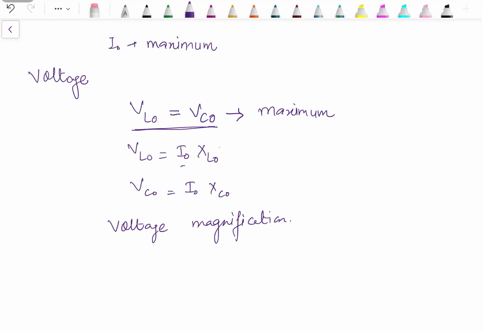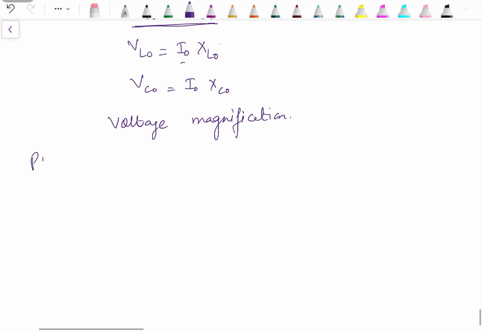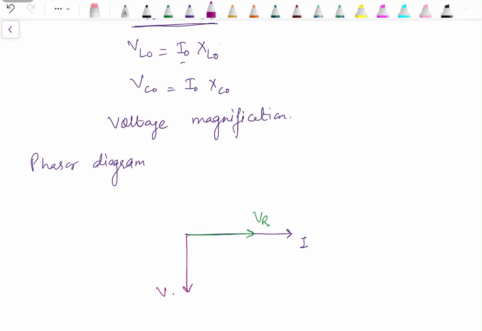Now, if you want to draw the phasor diagram, in case of series circuit, current is common through all the circuit elements, so it's taken as reference. Voltage across the resistor is in same phase. Voltage across the capacitor lags behind the current by 90 degrees.